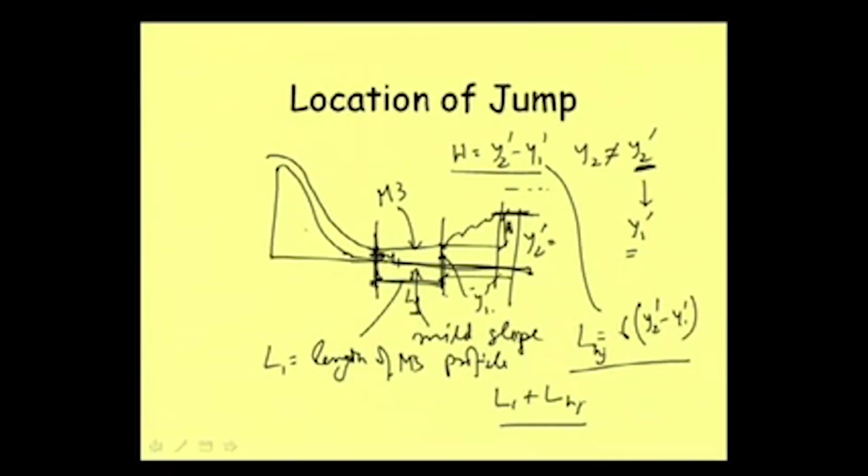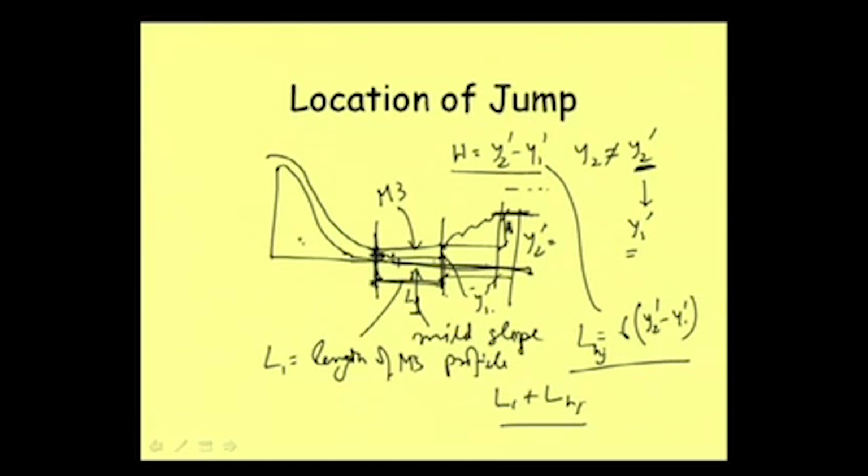So we need to do something so that we can contain the hydraulic jump just on the foot of this spillway, or just on the downstream of this spillway, so that we can avoid taking protective measures for a very long distance, and we can contain the jump here.